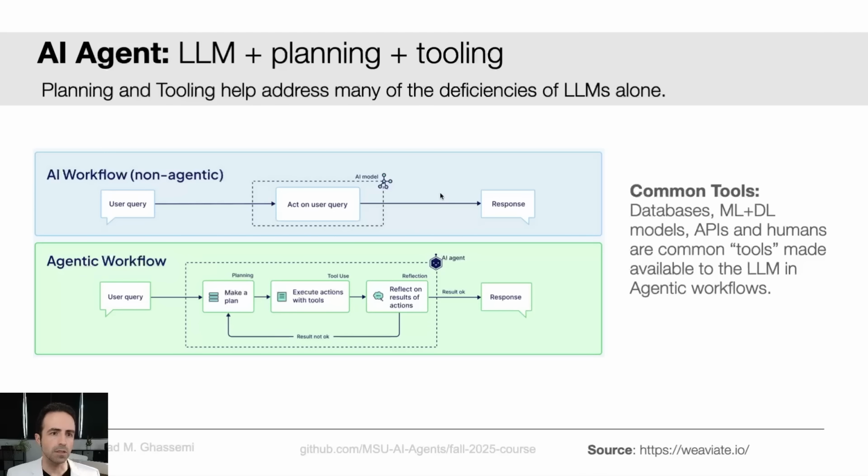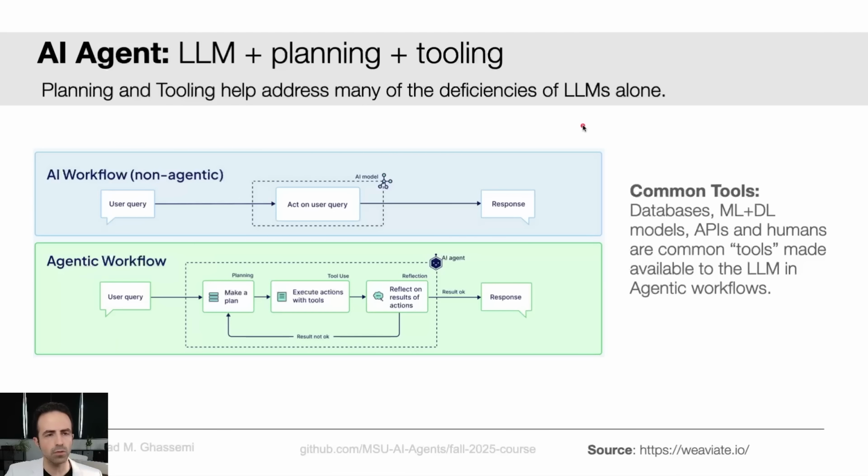GPT-5, which was released just a few days ago, now pretty much does thinking, which is their code word for making a plan, on almost every query that you ask it that's not phenomenally simple, and does that right out of the box. Oftentimes, as a consequence of that plan, it will make a call to the internet, which is a tool. Okay? So again, easy thing to remember here. An AI agent is an LLM with planning plus some tooling.